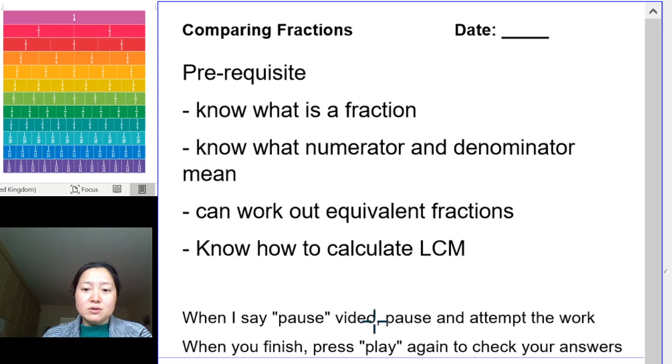So during the video, there are going to be work that are semi-interactive. So when I say pause the video, you should pause it and attempt to work on the screen. When you finish, you can press play again to check your answers. So please do remember to do that so you don't sneak peek the answers beforehand.